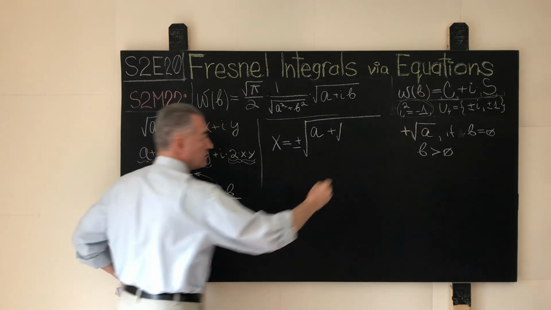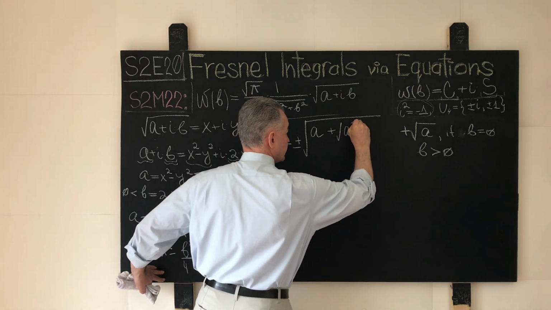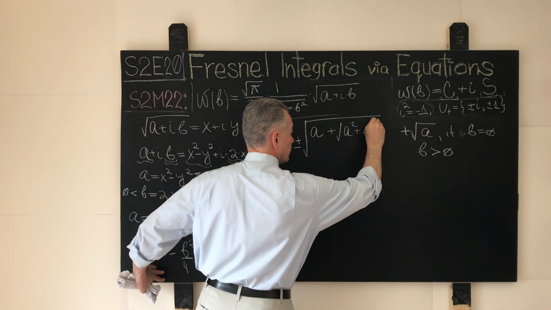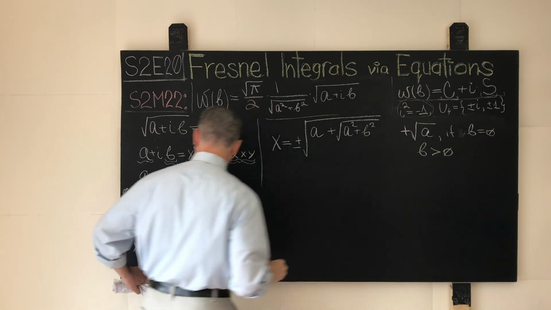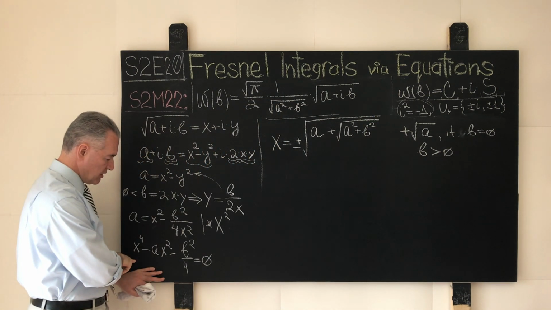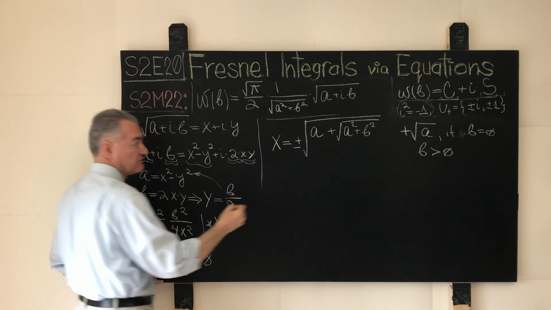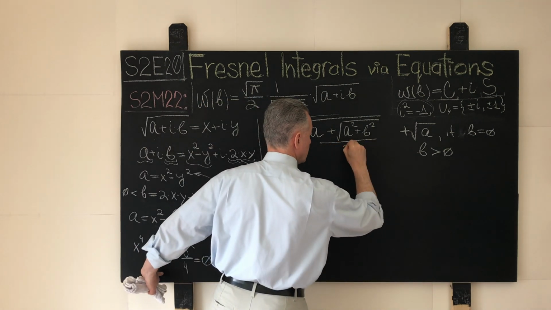So that will be a squared plus b squared divided by what? Divided by 2. Here is 1, so divided by 2.